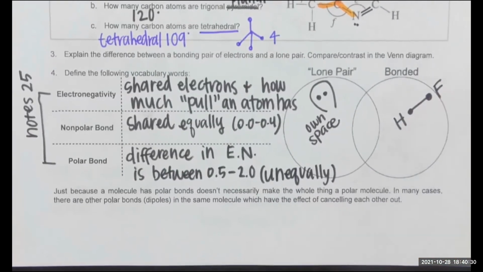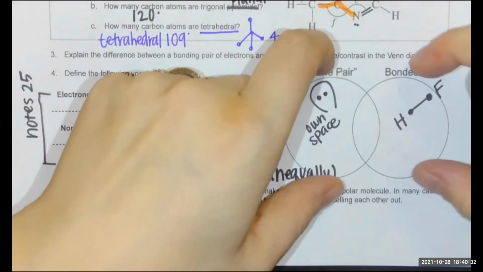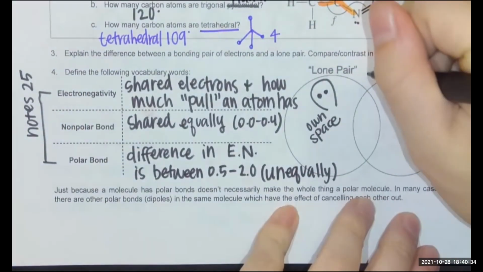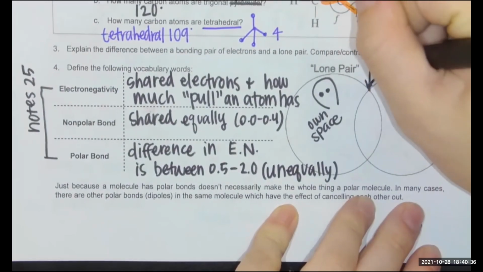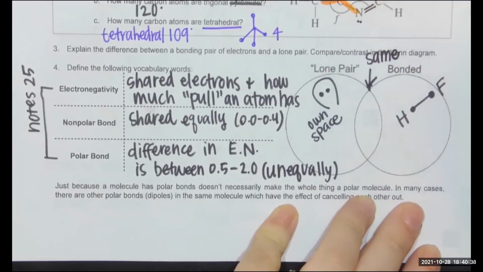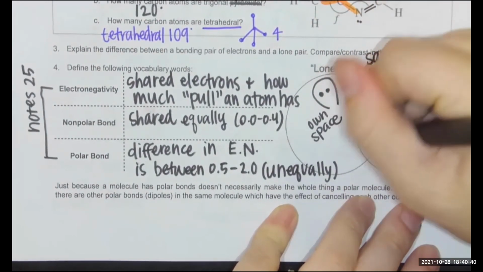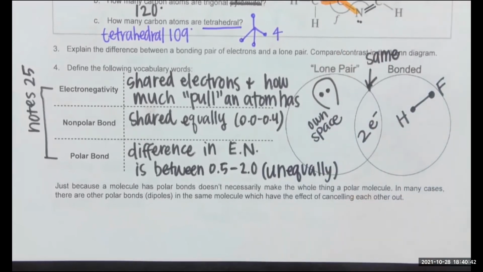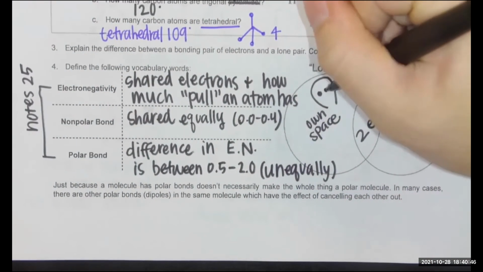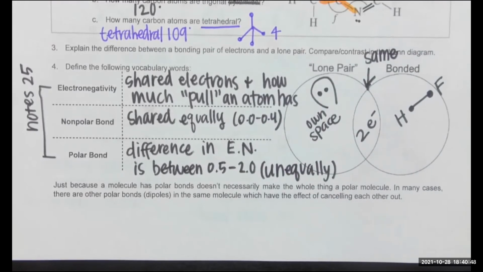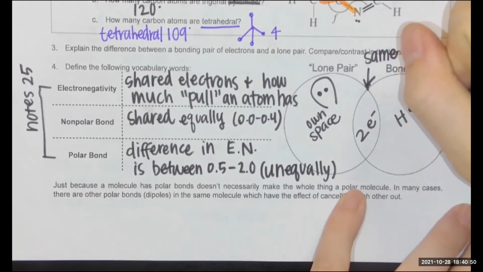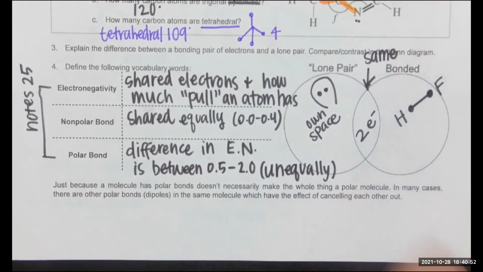They would connect. So that's how they're different. The Venn diagram, ways that they are the same, is that they both have 2 electrons. It's just depending, do those 2 electrons get their own bubble, or are the electrons being used to make a bond?